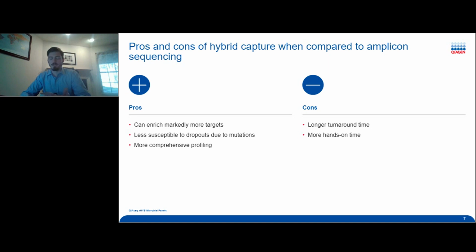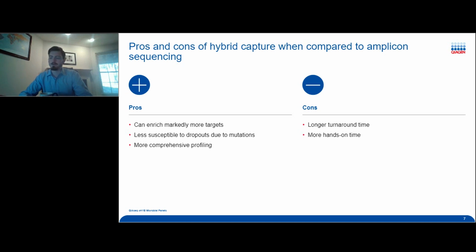Now, luckily also, hybrid capture is less susceptible to dropouts due to mutations than amplicon-based sequencing. If you're familiar with SARS sequencing, you'll know that every time a new variant comes around, the question comes up of, does this SARS NGS kit still work for this new variant of concern? And with hybrid capture-based sequencing, the likelihood of that is much less.